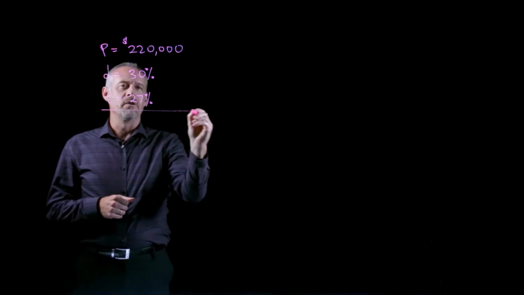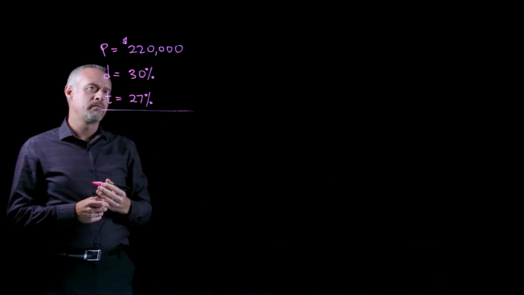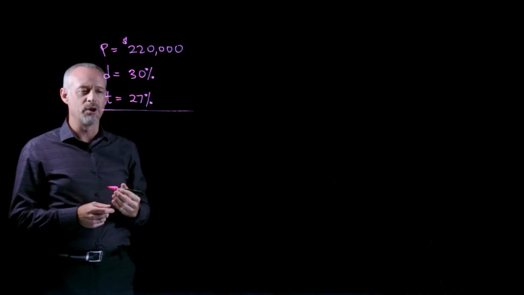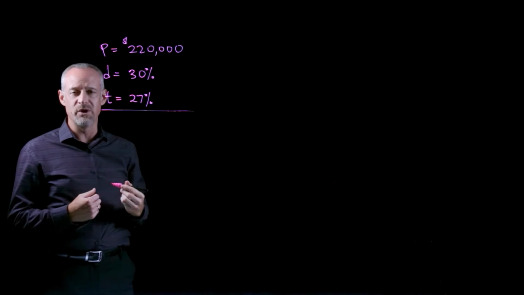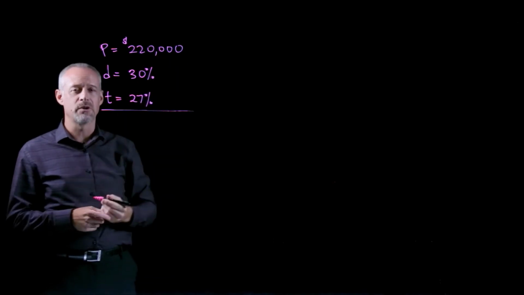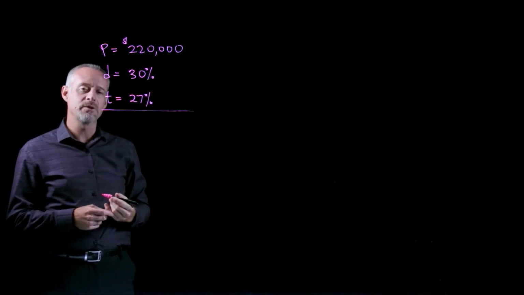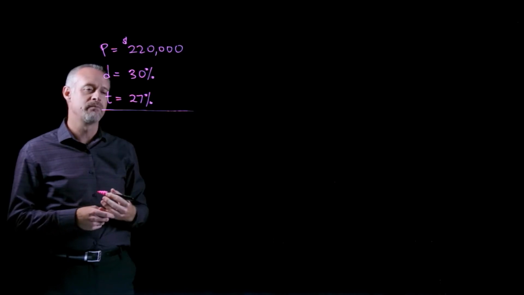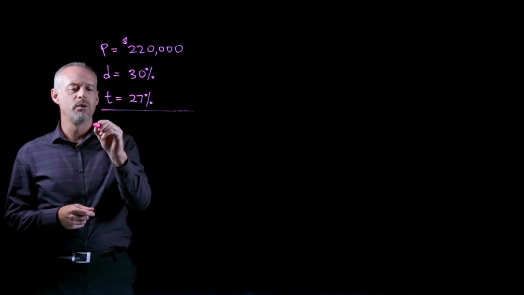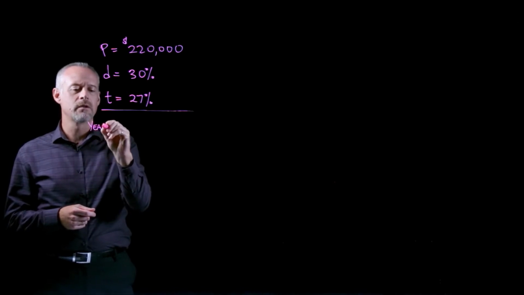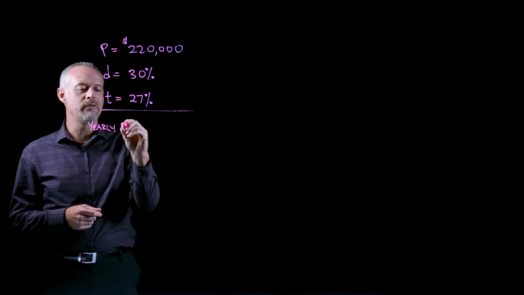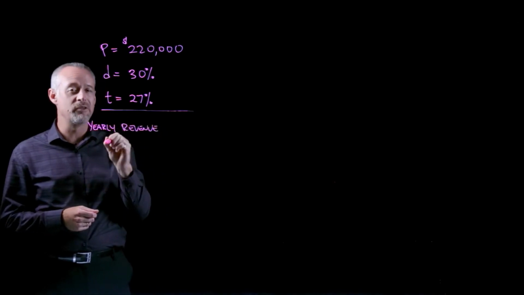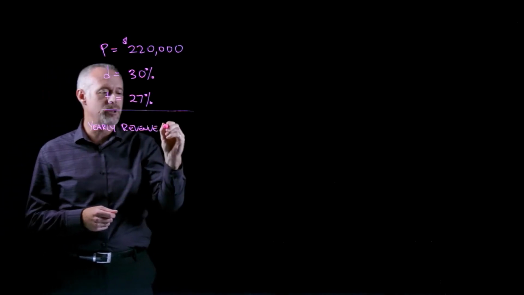Other information that we can get from the problem relate to what the company's expectations are regarding the extra revenue that will be generated because of the purchase of this bulldozer, and also their estimates for what the operating costs will be for the bulldozer. So we're told the yearly revenue, and this is the yearly revenue related just to the bulldozer.